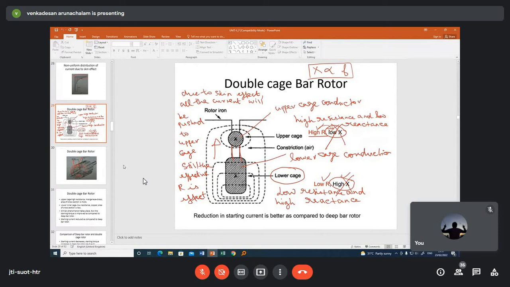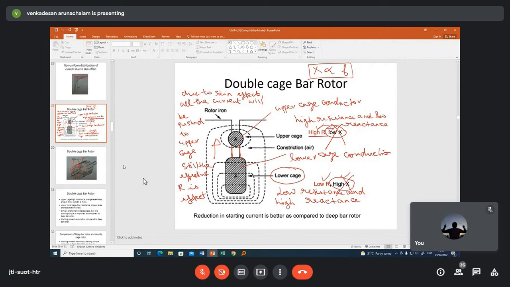So the reactance is non-uniformly distributed. Because of that, the current is non-uniformly distributed. At every point, if you measure the resistance, then the effective resistance of the rotor is observed to be increased. So that is what we have seen in deep bar rotor.